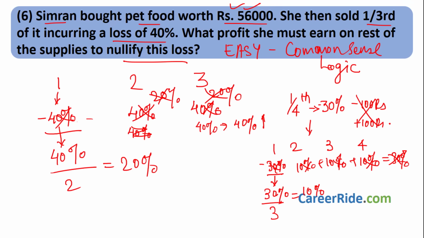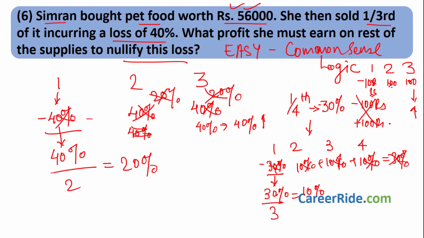I'll give you another example to explain this logic. Just like we said earlier, say I did 3 transactions in a day. In the first transaction I got 100 rupees loss. Now I want to nullify this 100 rupees by using these 2 transactions. If I take 100 rupees profit here and 100 rupees profit here, I'll again be in profit, but I don't want profit, I want no profit, no loss.